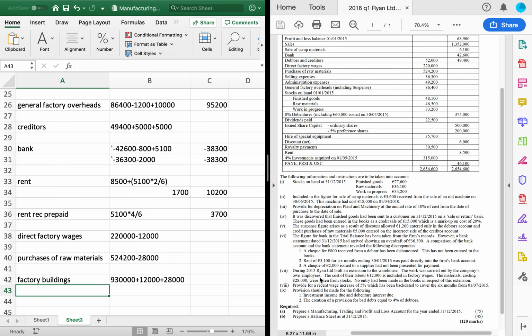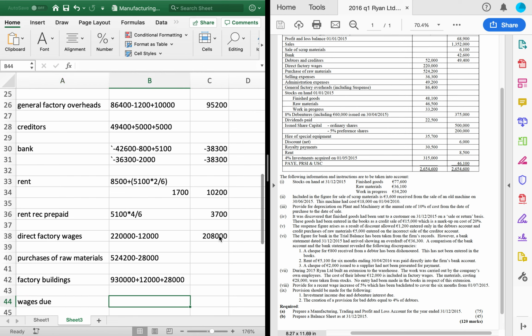Now, next thing, and this will be new. Provide for a wage increase of 5%, which has been backdated for the 6 months, 1st to the 7th. Provide for means it hasn't been paid yet, so it's going to be due. Okay, so wages anyway is at the moment 208,000. We're going to provide for a pay rise there of 5% for 6 months. So I'll just do it here as wages due.